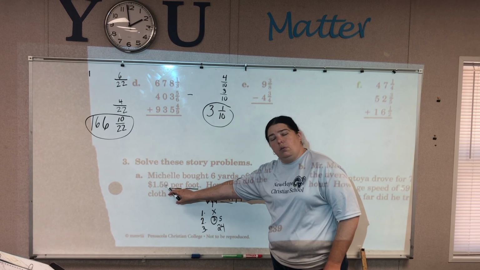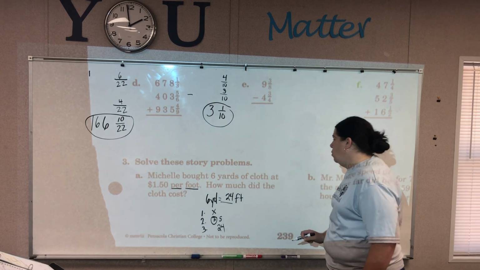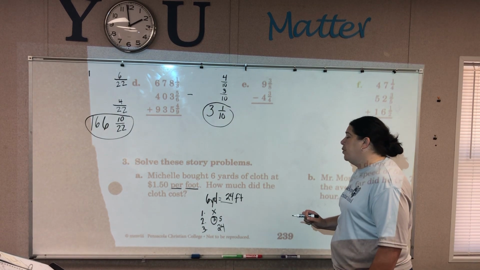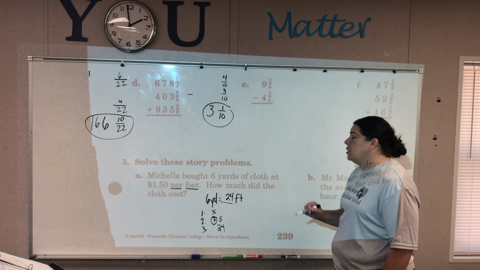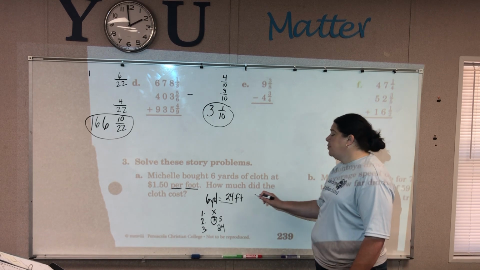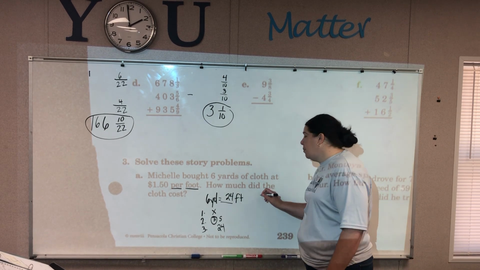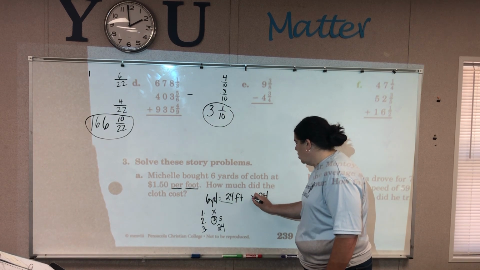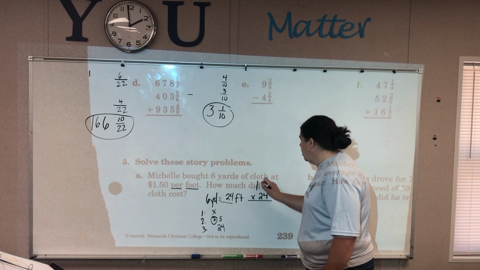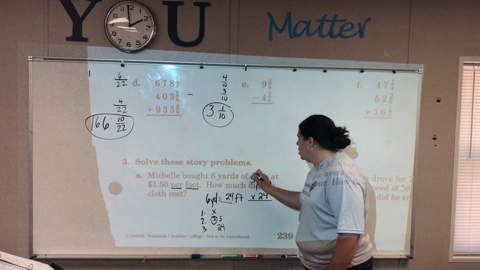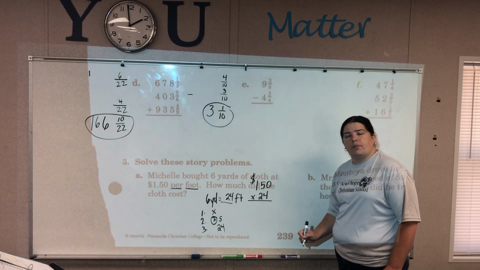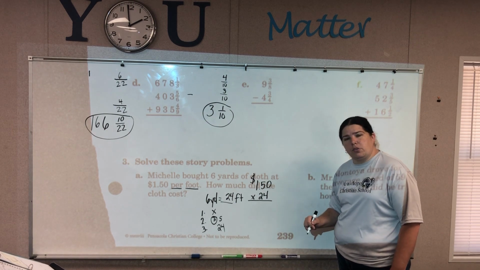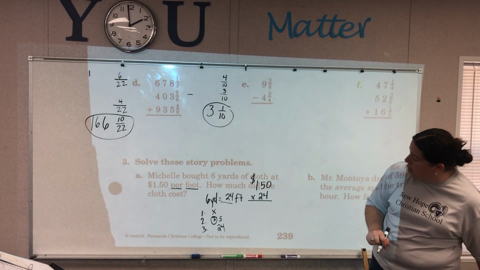We still don't know if it's $1.50 per foot. How much does it cost? We have to do what? Multiply by 18. $1.50 times 18. You can do that math as you wish. The next one.